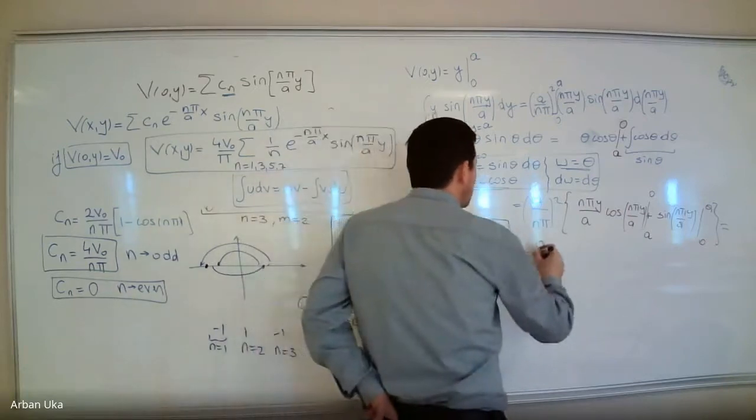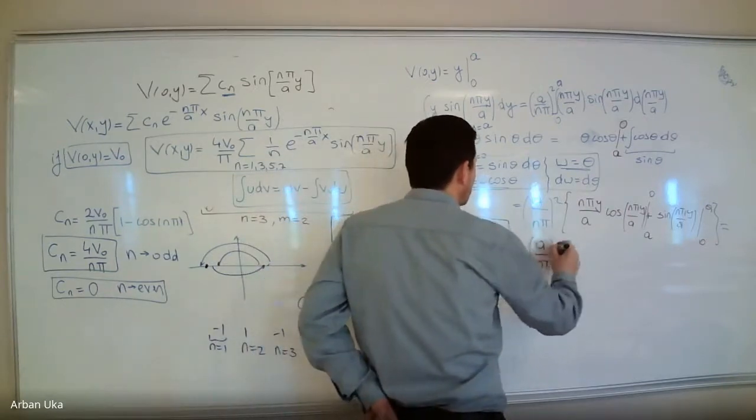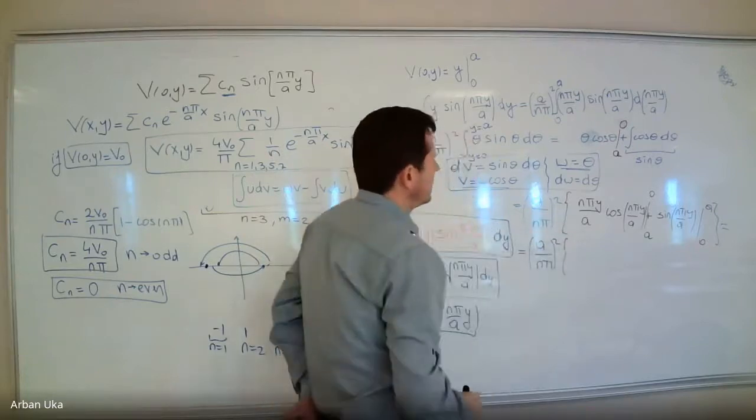So here this is a divided by n pi all squared.